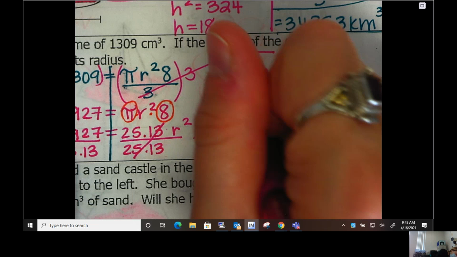Good. So my shape at the bottom is a square. So to find the area of a square, my big B, I'm going to do length times width, which is 25 times 25. Okay, so what's my area of my base? 625.